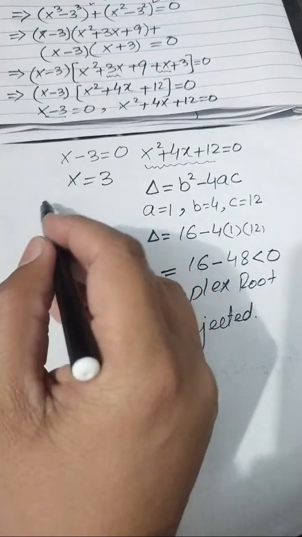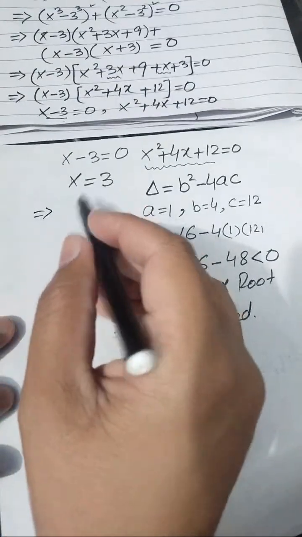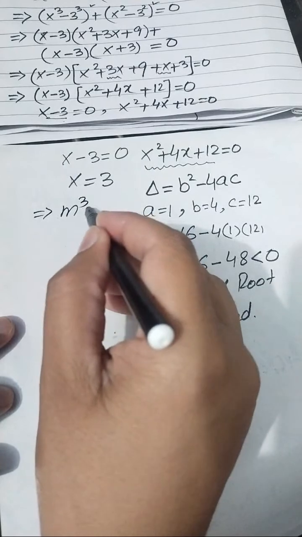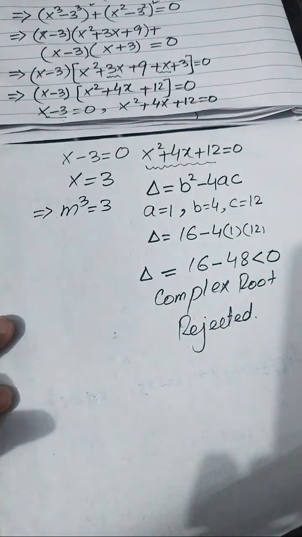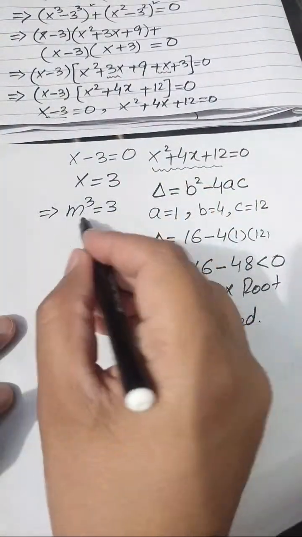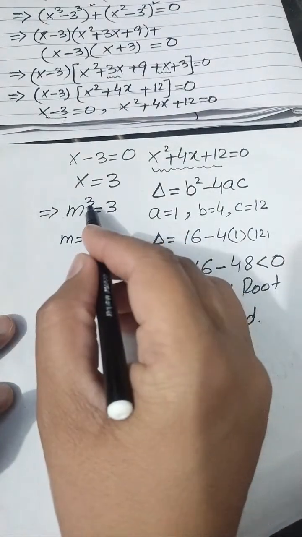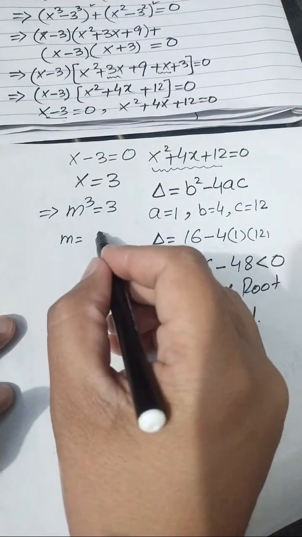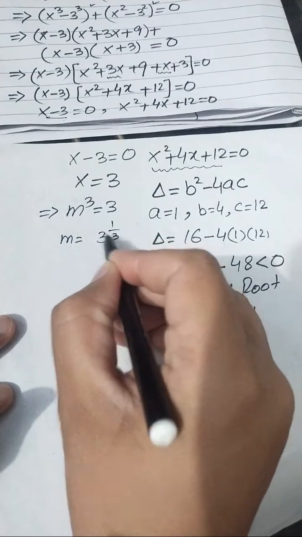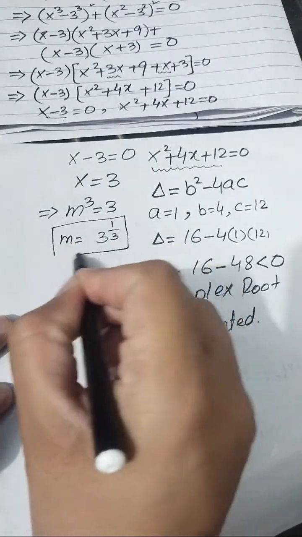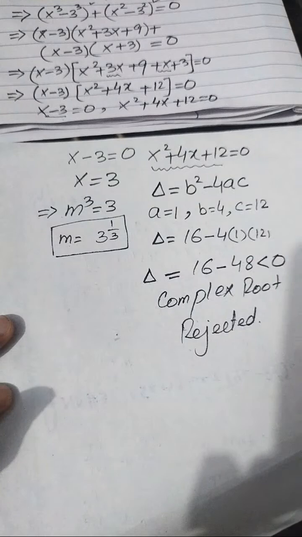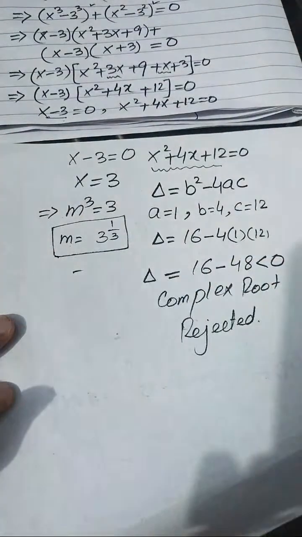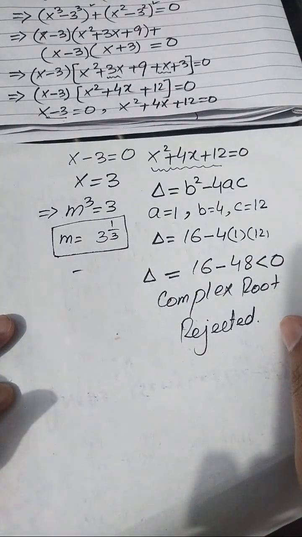At the start of the question we took x as m cubed, so m cubed is equal to 3. Taking the cube root on both sides, m is equal to 3 to the power of 1 over 3. So this is our final answer.